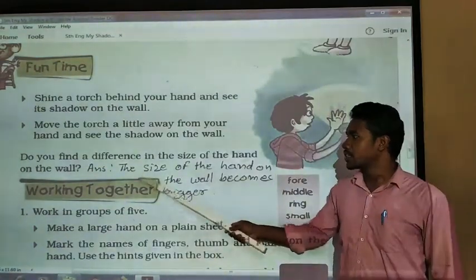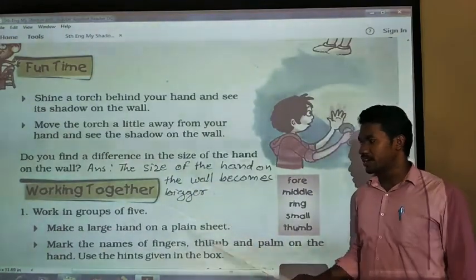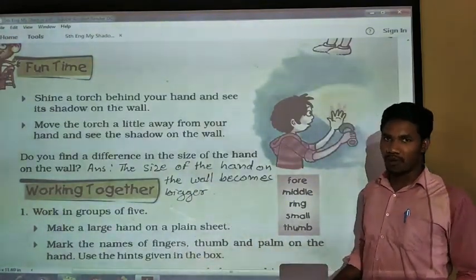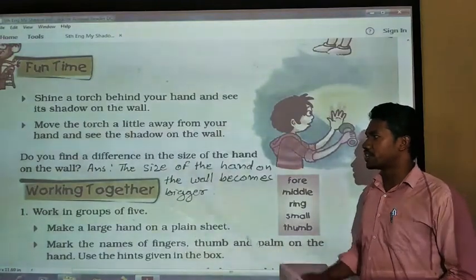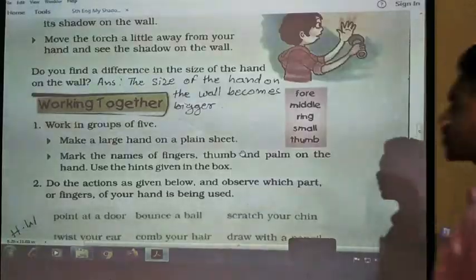For example, the size of the hand on the wall becomes bigger and sometimes becomes smaller. Okay, so that is what answer you can write there, and everybody must do this activity.